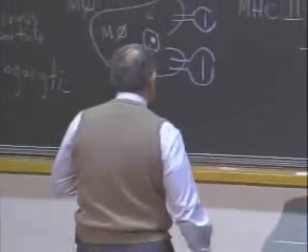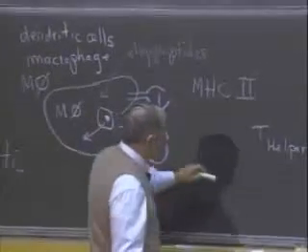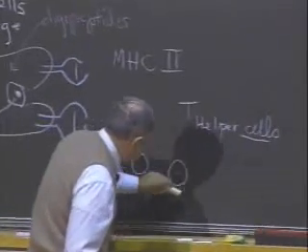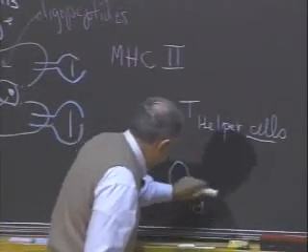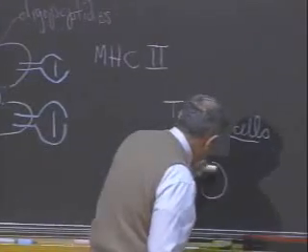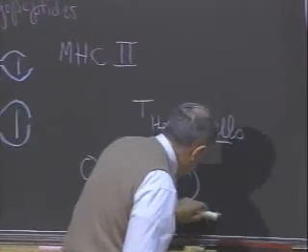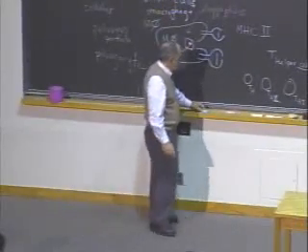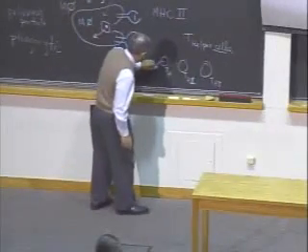As a consequence, there are many different kinds of T helper cells. Each one, so Th1, Th2, Th3, each of which displays on its surface a T cell receptor.